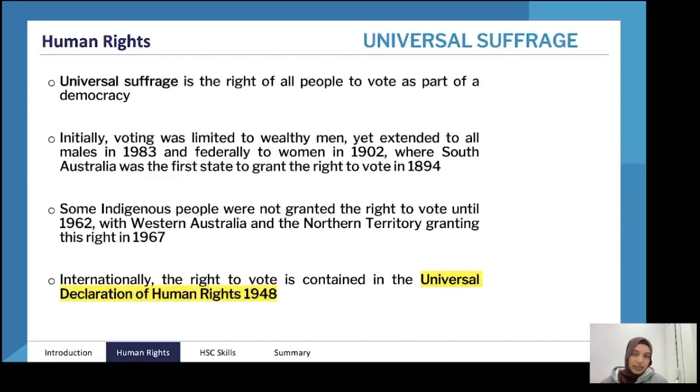So essentially, it wasn't always the case that everyone could vote, and the main people excluded were people that weren't wealthy, women in general, and the Aboriginal and Torres Strait Islander people as well. Some Indigenous people were not granted the right to vote until 1962, with Western Australia and Northern Territory granting this right in 1967. So internationally, the right to vote is contained again in the UDHR as well.